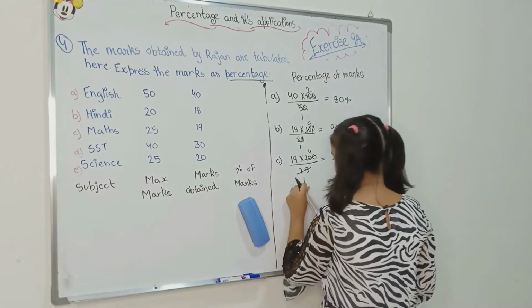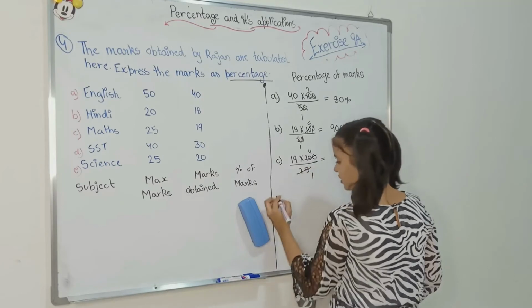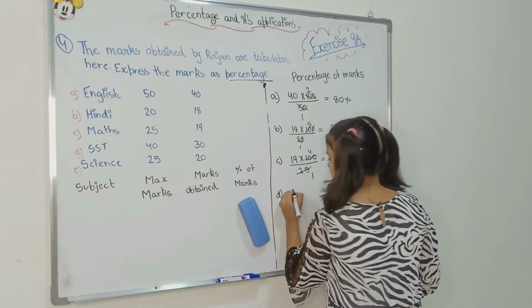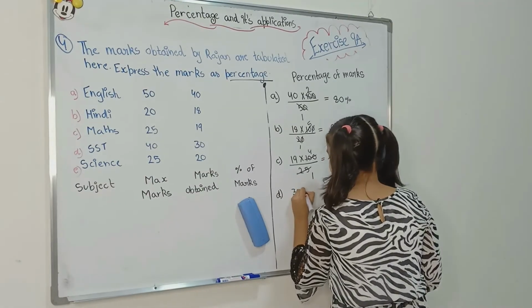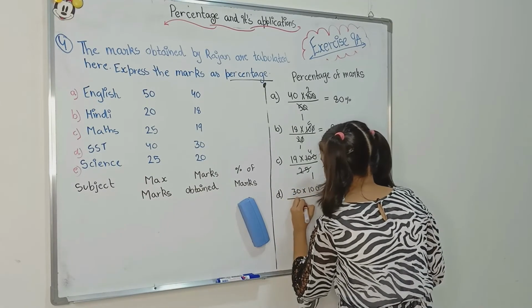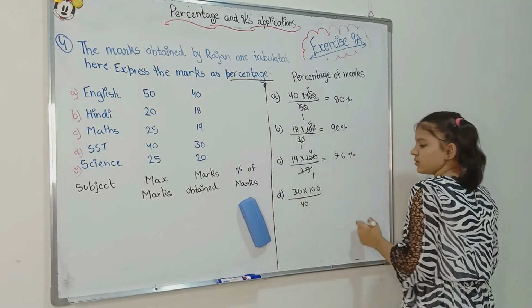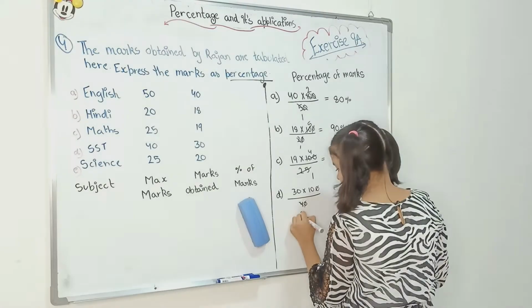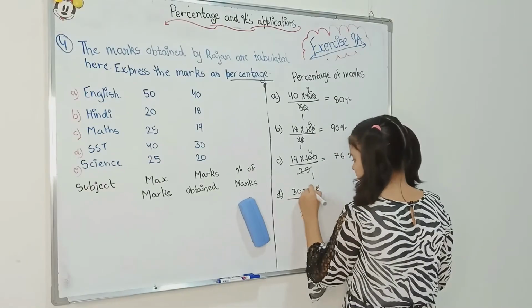Then D is SST, 30 into 100 by 40. So now we'll do it. So first 0 0 cut, then 2 4s, then 2 5s are 10.